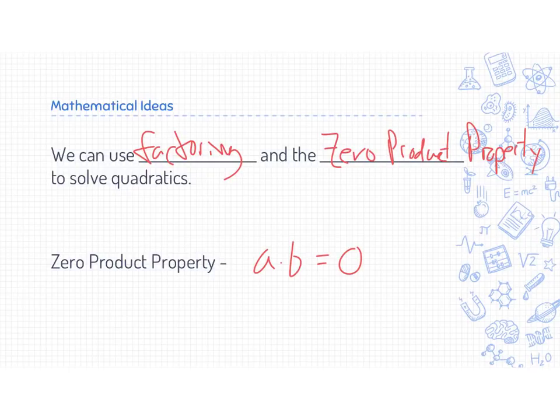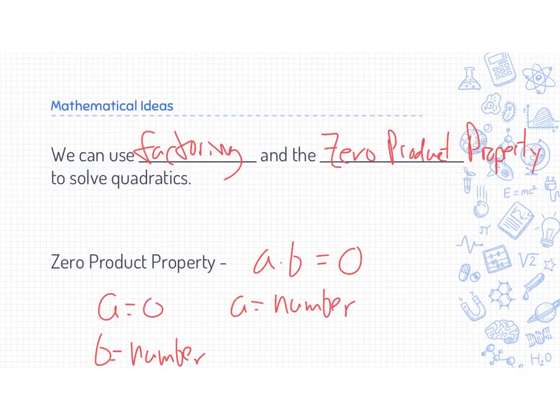We know one of three things is possible. We either know that a equals 0 and b equals any number we want, because 0 times a number is still 0. Or we know that a equals any number, and then b is 0, or a equals 0 and b equals 0.